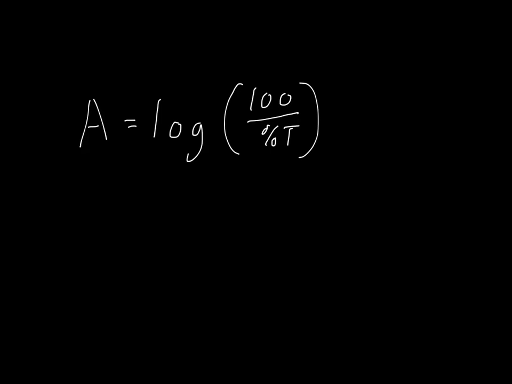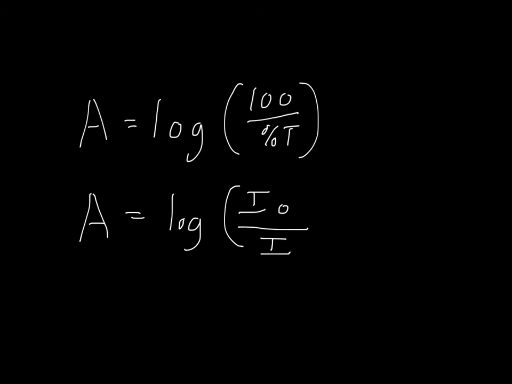If we were to put it in terms of our flashlight demonstration, we would say that absorbance is equal to the log of our initial intensity divided by the amount of light passed through, the multiplicative inverse of our transmittance.